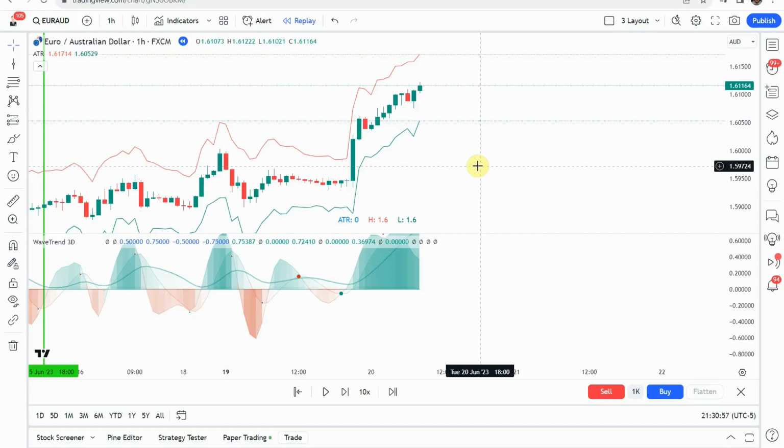Now, on the winning side, since it was a 1 to 2 risk reward, let's say that we were looking to gain $200 per trade on the winning side, and we would be losing $100 per trade on the losing side. It means on the winning side, our total gain would have been right at $3,400, and on the losing side, we would have lost right at $3,300.